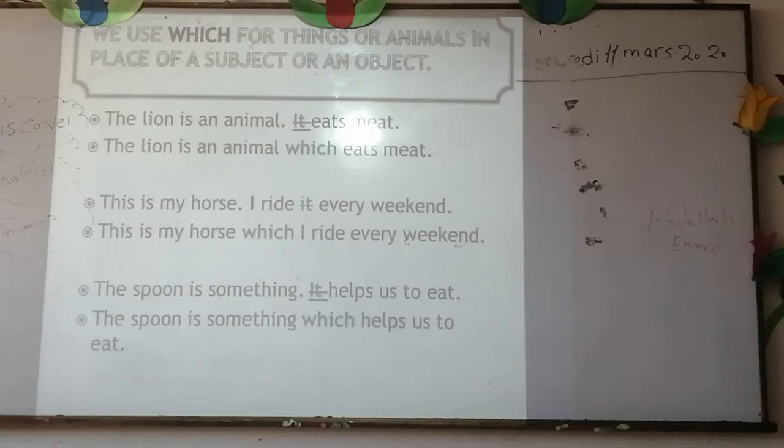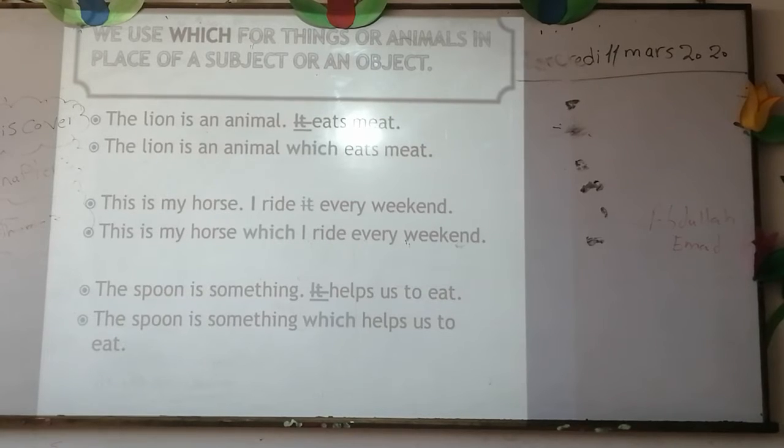We write the first sentence without changing it: this is my horse. Now I have to cross it from the second sentence, because it refers to the horse, and use which instead. This is my horse which I ride every weekend.